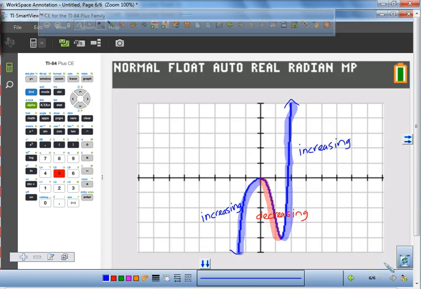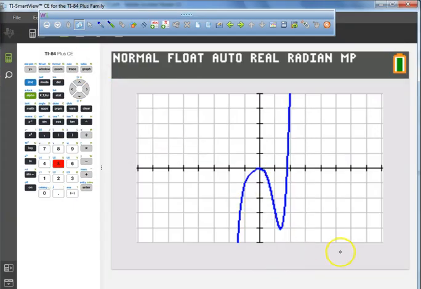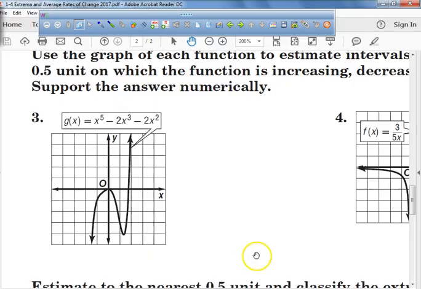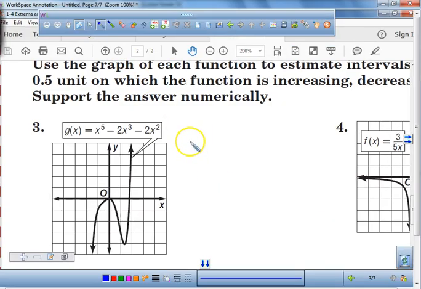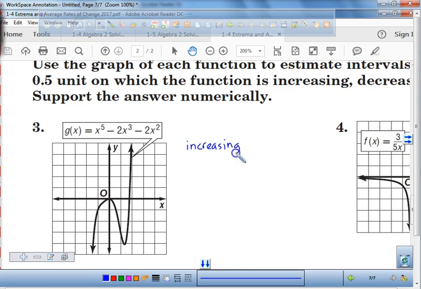Alright? So, where is it increasing from left to right? Where are you starting? You're starting at negative infinity, and it's increasing from negative infinity all the way up to where? To 0. So here's what you would do on your paper, you would say, it is increasing from negative infinity.